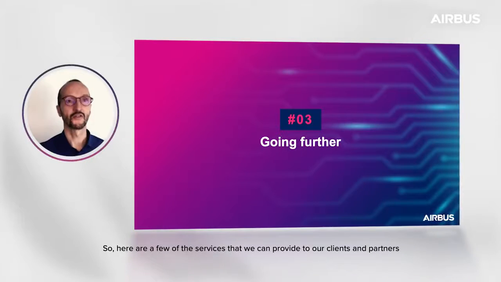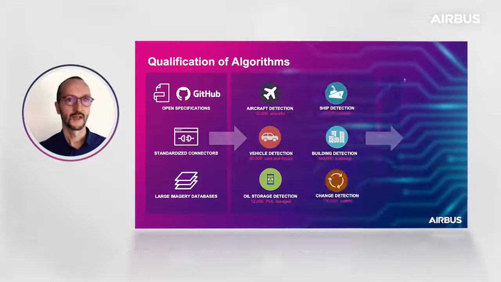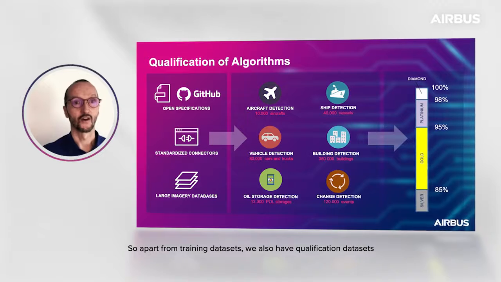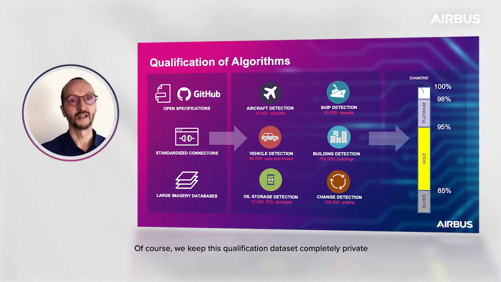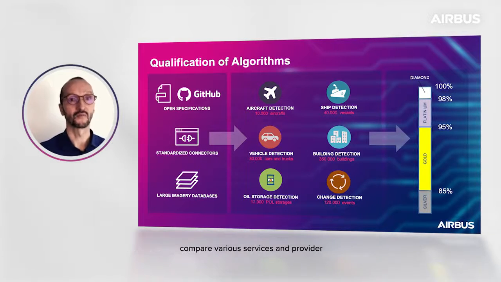So here are a few other services that we can provide to our clients and partners. Apart from training datasets, we also have qualification datasets. Of course, we keep these qualification datasets completely private, but we use them to qualify various algorithms and provide a rating that could be used to compare various services and providers.